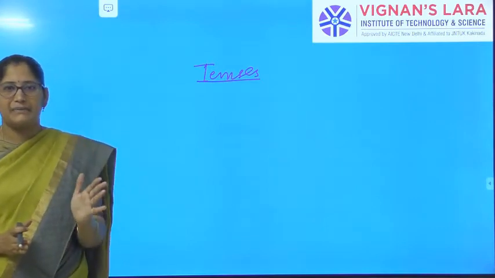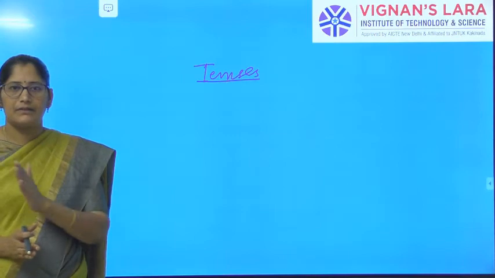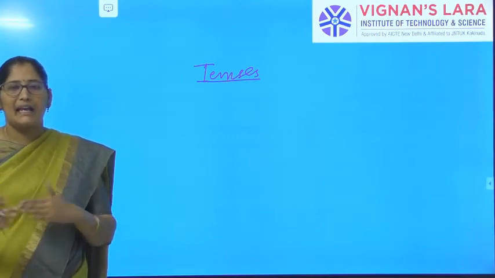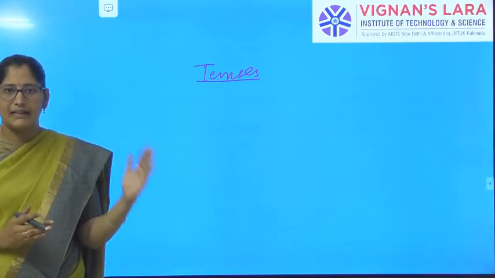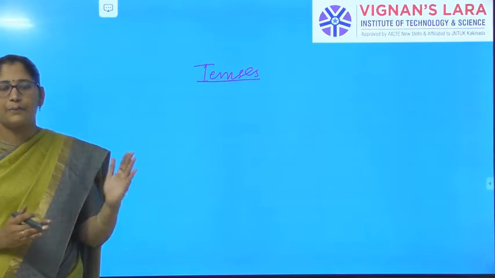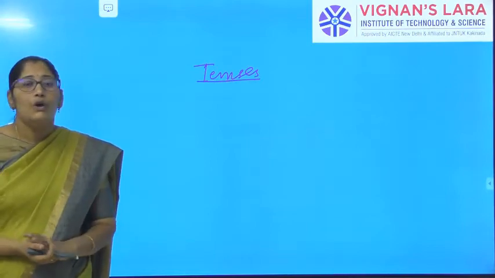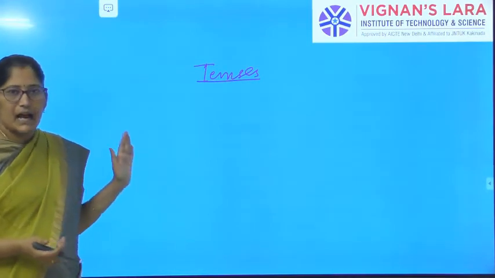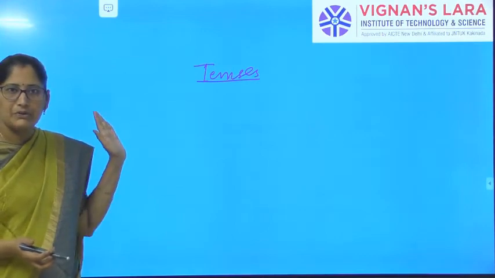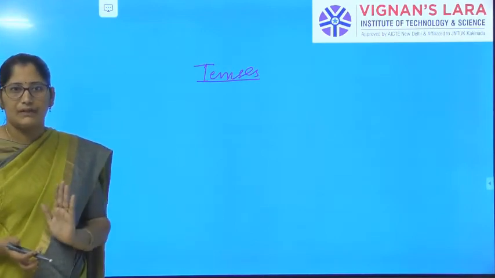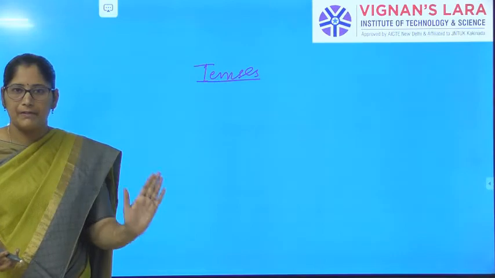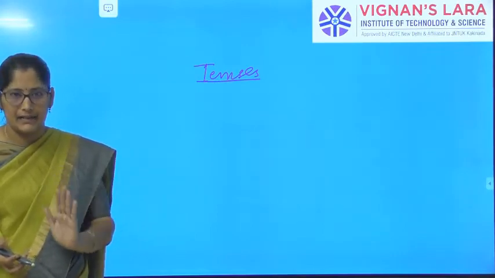We have three times, present, past, and future. But every tense is segregated into four parts, which you already know. Before we start, first we need to discuss what a verb is and how verbs play a pivotal role in dealing with the entire tenses.